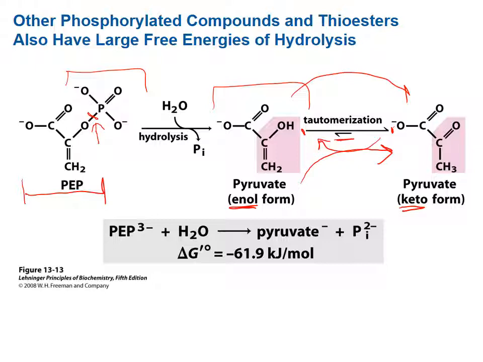So, what is happening here? Right when the hydrolysis occurs, this is our reactant, we have a certain concentration, and this is our product. It has a certain concentration, and our equilibrium constant is natural log of product over reactant.